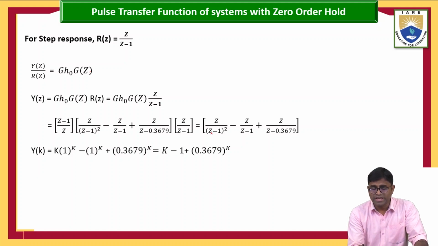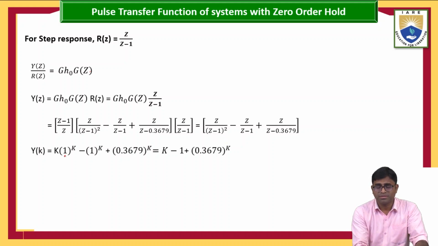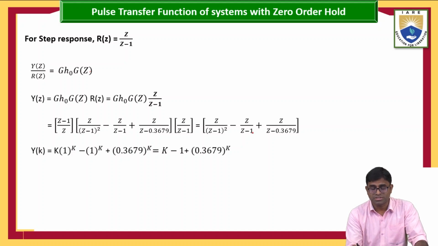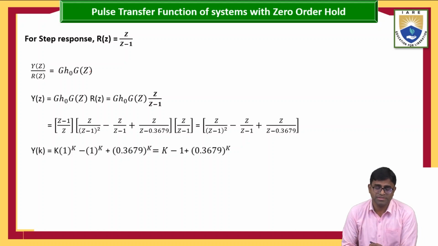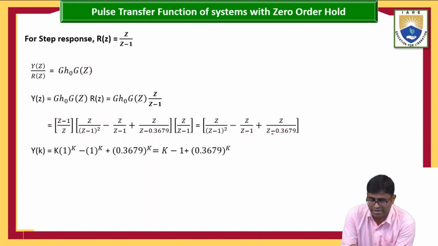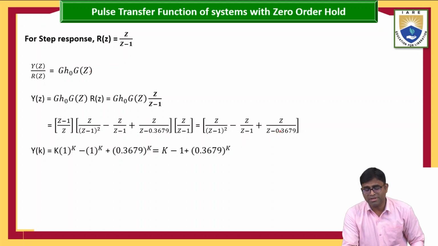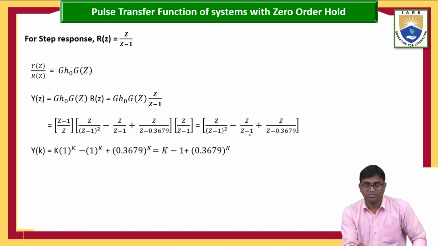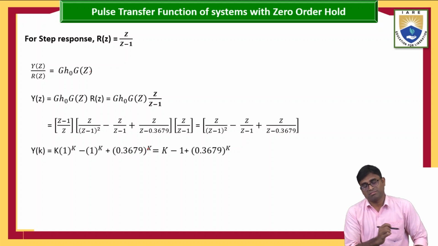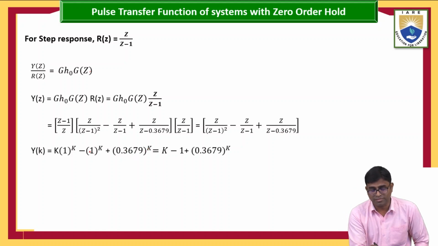Here a square term is there, that's why it is coming as k into 1 to the power k. Where there is no square term, it is coming as 1 power of k. If a square term is there, it is coming as k. Here we have only one constant term, that is 0.3679, so 0.3679 to the k, where 1 is there.